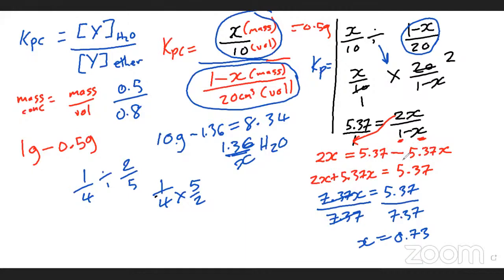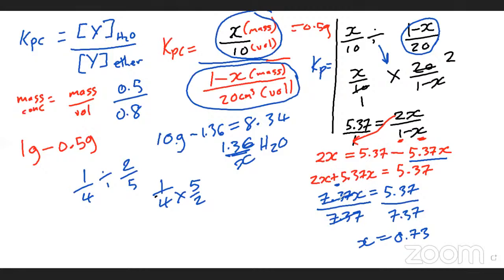And then all you have to do now is carry all of this across the equal sign. But because it was negative, when it comes across the equal sign, it becomes positive. And then you just add them up. So 5.37 to 7.37.